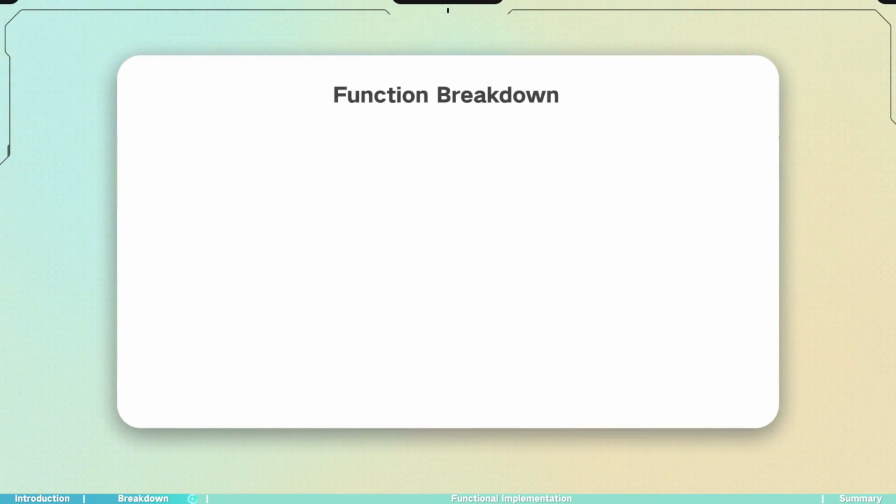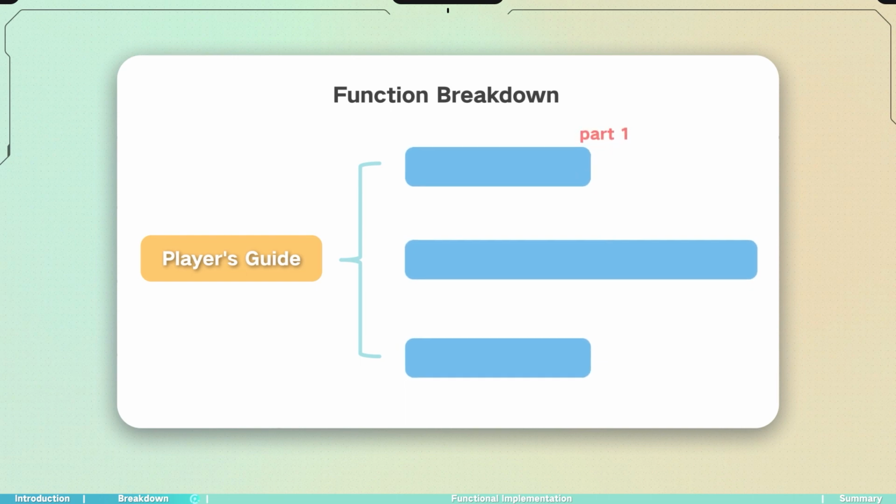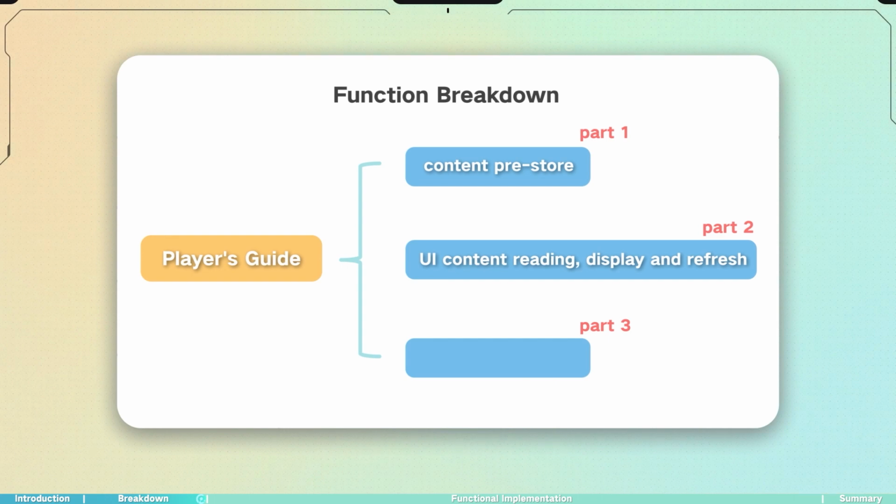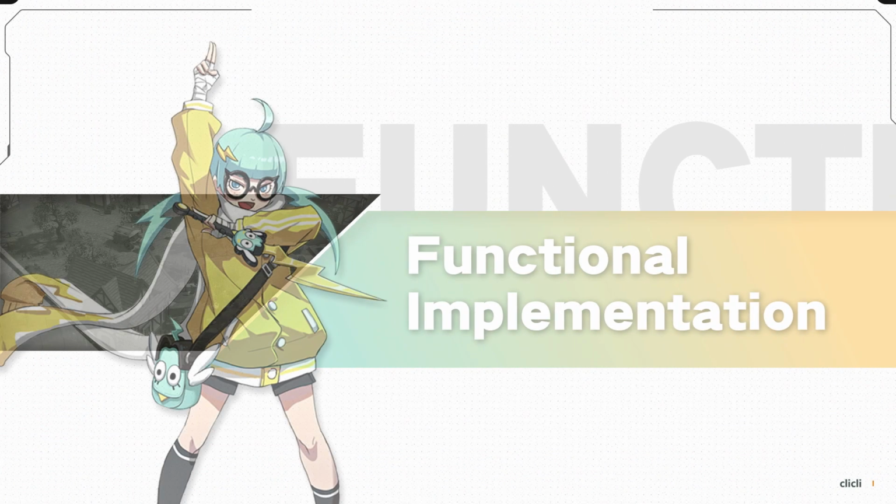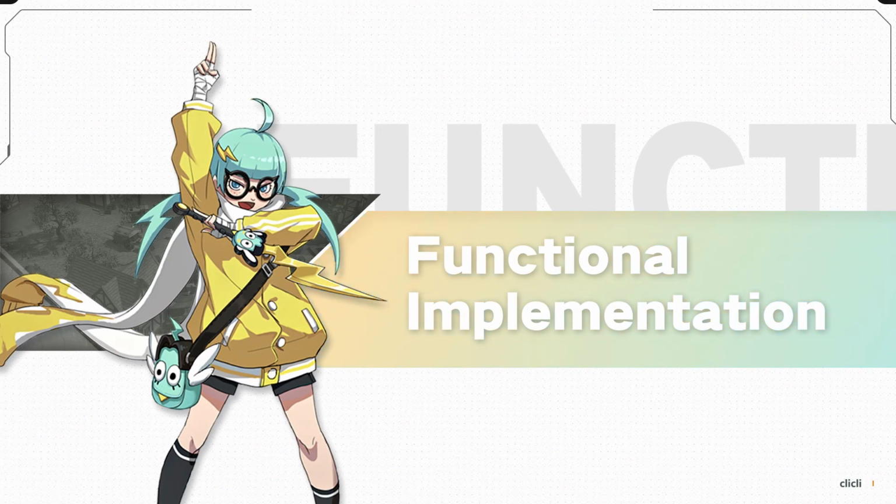According to our needs, we can break down the function into these parts: content pre-store, UI content reading, display and refresh, and UI interaction. Now, let's see how to achieve these functions.